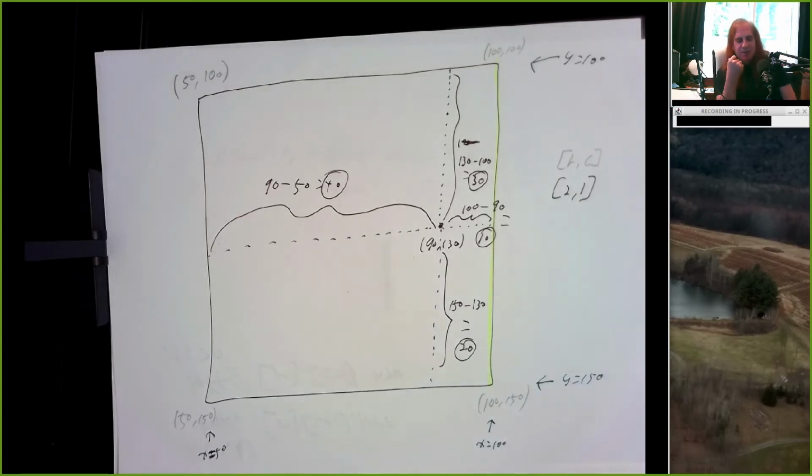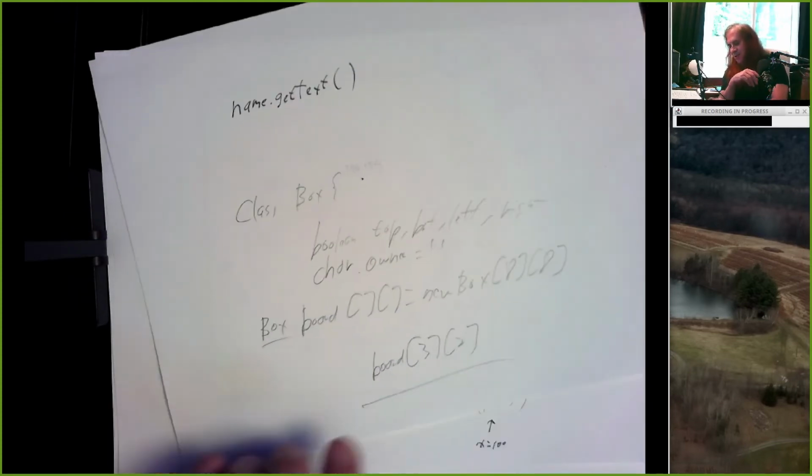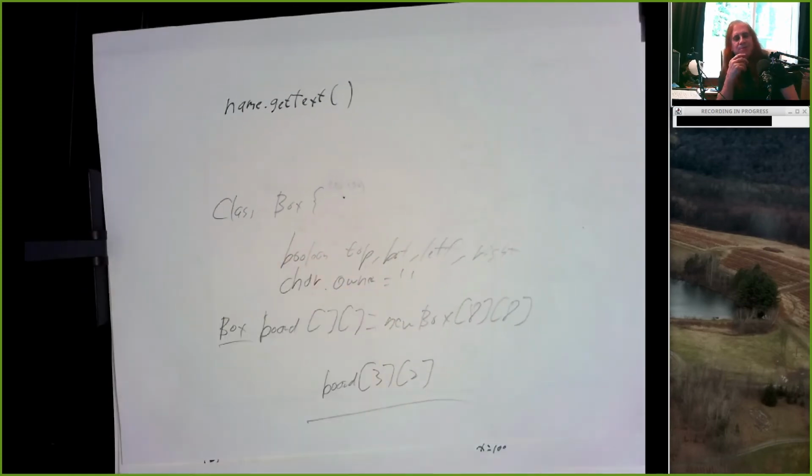So one way to figure out the current score, well, the only way to figure out the current score if you're not keeping track of it, is to iterate through all of the boxes and just count up how many are owned by player 1, how many are owned by player 2. And in your paint method, you're going to iterate over all the boxes to draw the lines.